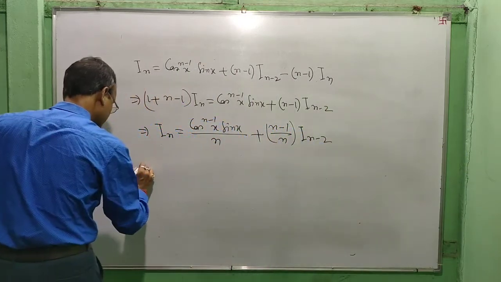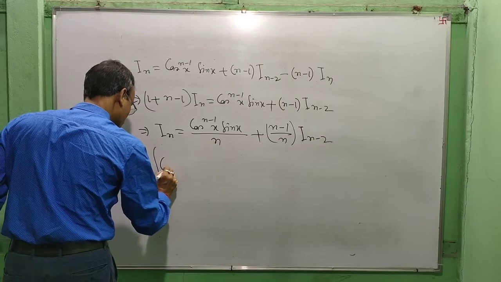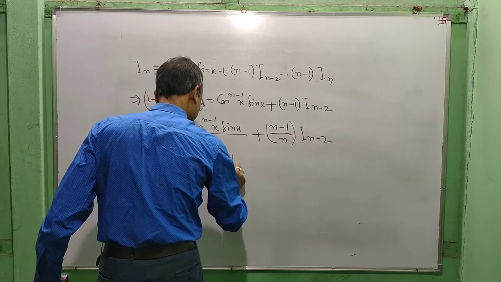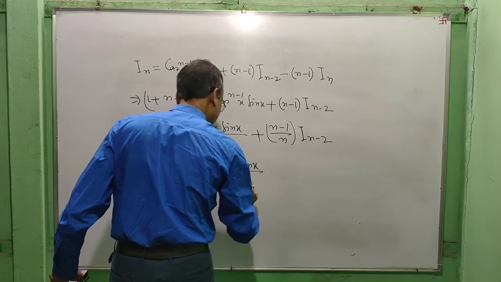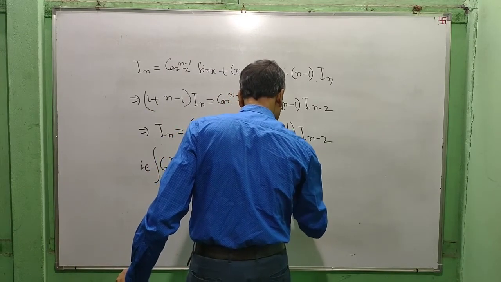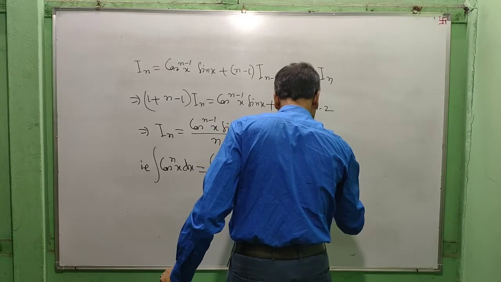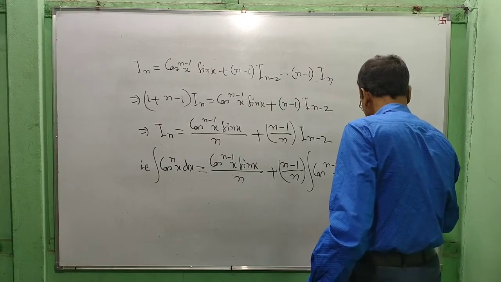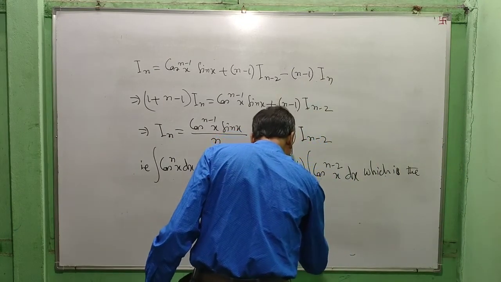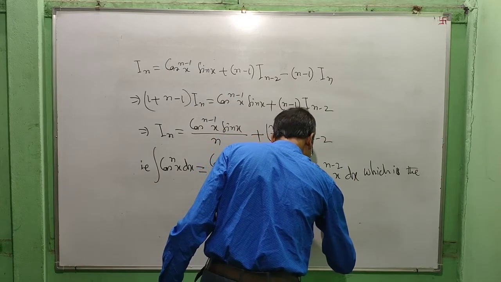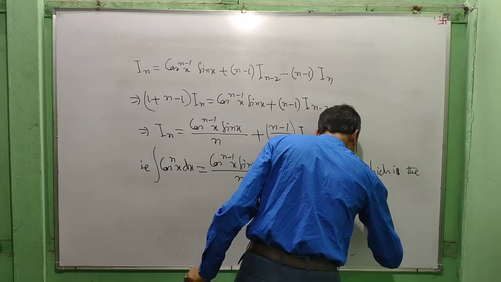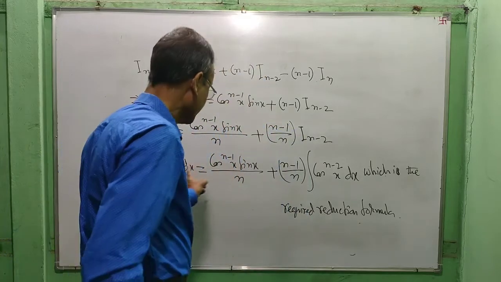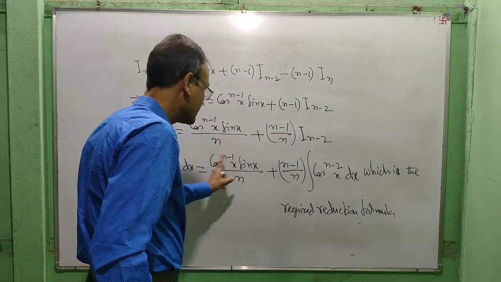That is, integration cos to the power nx dx is equal to cos to the power n minus 1x sin x divided by n plus n minus 1 by n integration cos to the power n minus 2x dx, which is the required reduction formula.